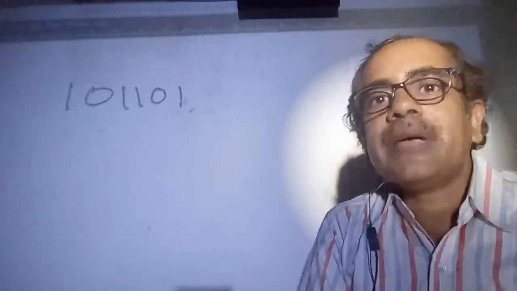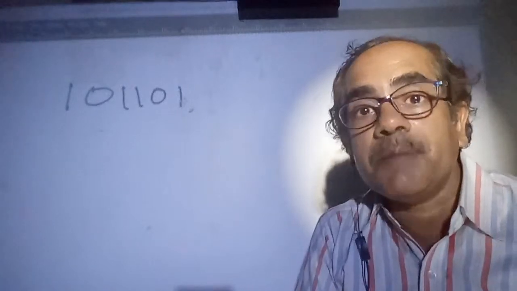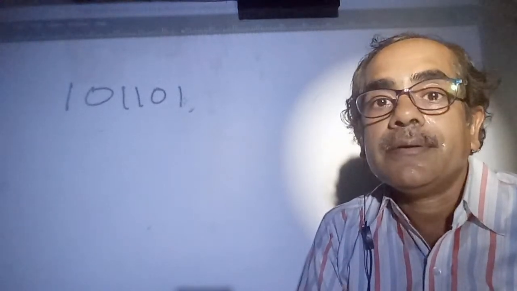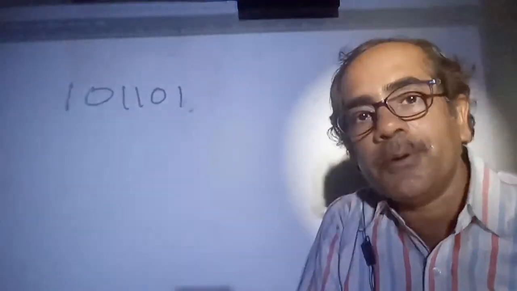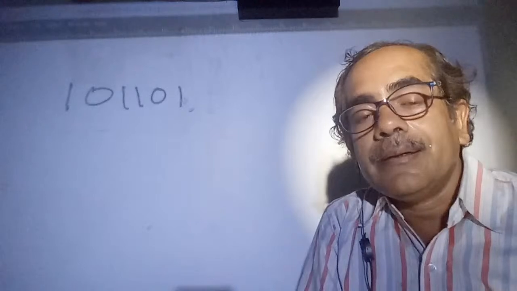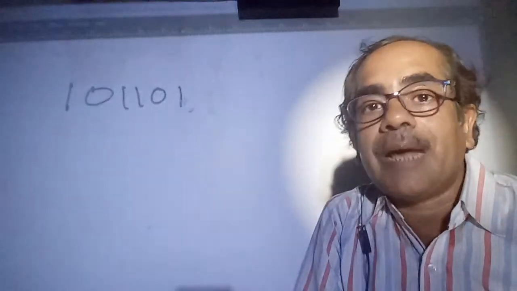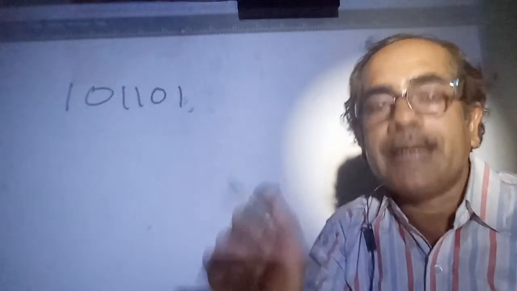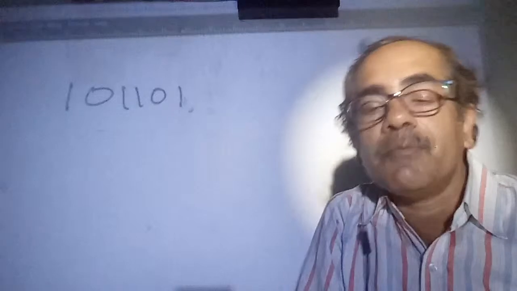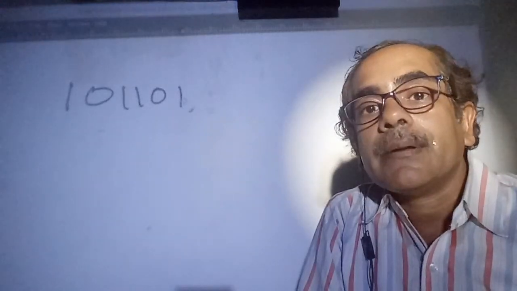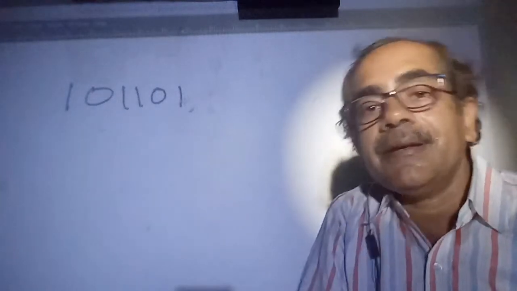I also gave last day the example of the TV remote control, and I told you to observe also using a mobile phone camera, that if you see the LED of the TV's remote control, then you will see that the LED flashes in a specific pattern.